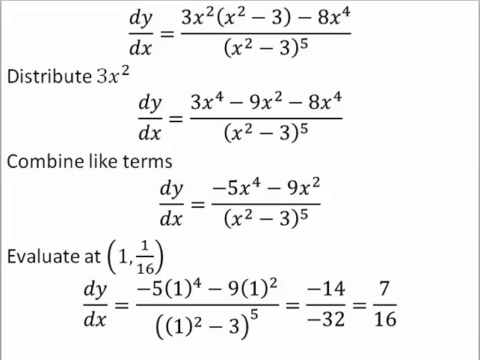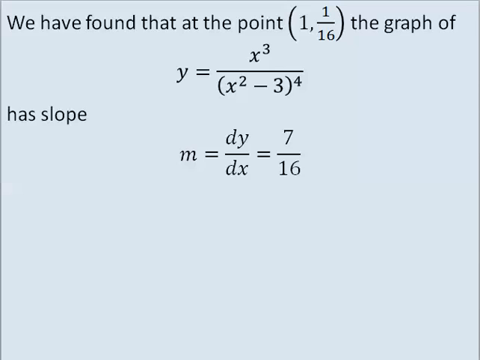Reducing that, we get 7 over 16. So we found that the slope of the line tangent to the graph is 7 over 16.